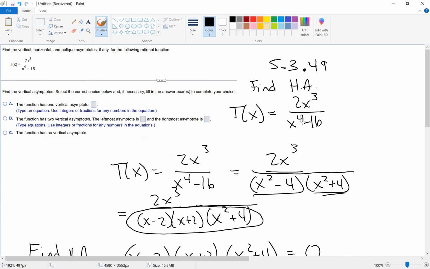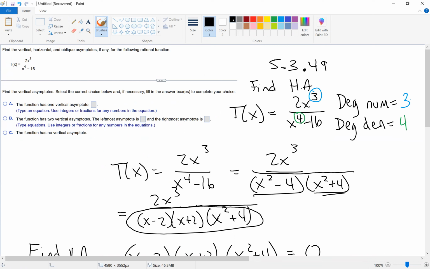The reason we're choosing the unfactored form is because we want to look at the degree. The degree of the numerator is 3. What's the degree of the denominator? The degree of the denominator is equal to 4.